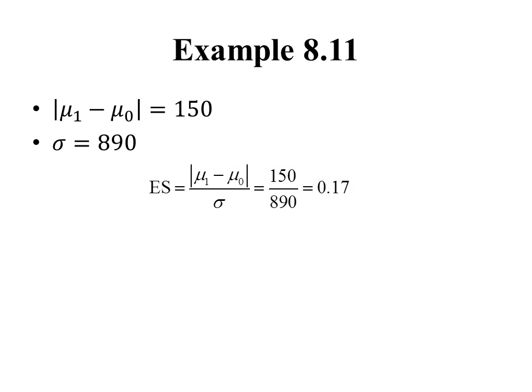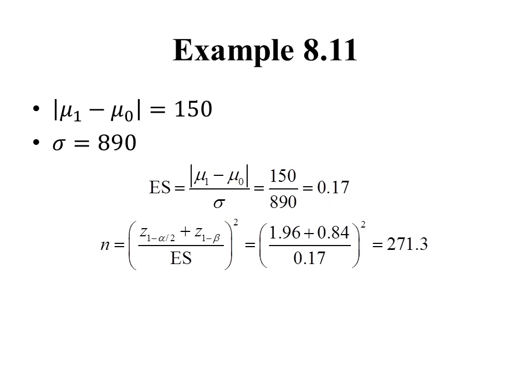And so now we'll calculate our effect size. We'll take our meaningful difference, divide it by the standard deviation. We get 0.17. Now we calculate our sample size, where we take our critical values, divide it by this effect size, square it, and that gives us a sample size of about 272. So we need a sample of at least 272 to detect this $150 difference.